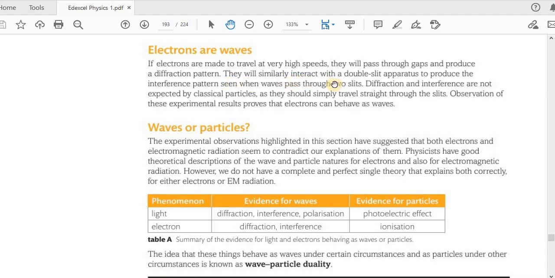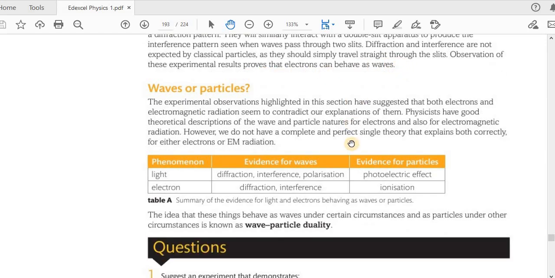They will similarly interact with a double slit apparatus to produce the interference pattern seen when waves pass through 2 slits. Diffraction and interference are not expected of classical particles, as they should simply travel straight through the slits. Observation of these experimental results proves that electrons can behave as waves.